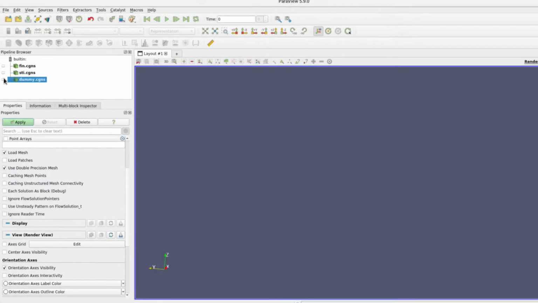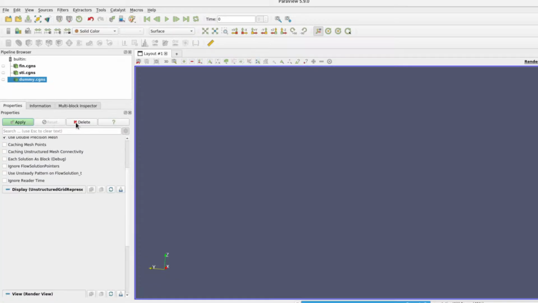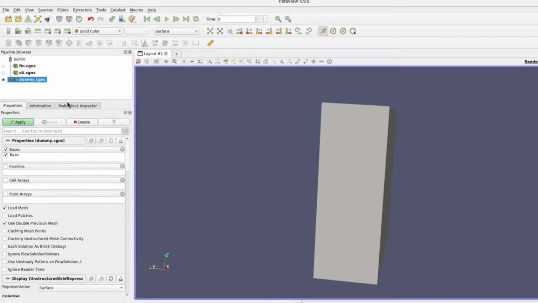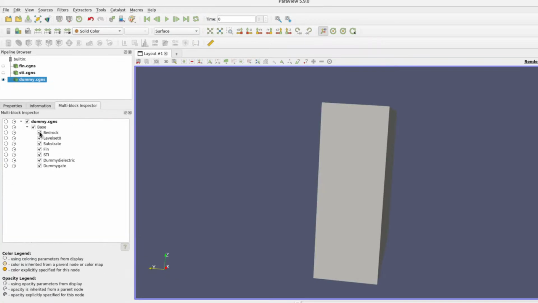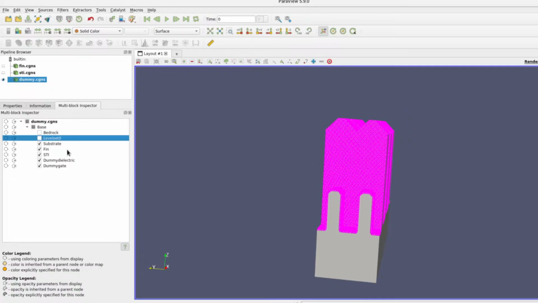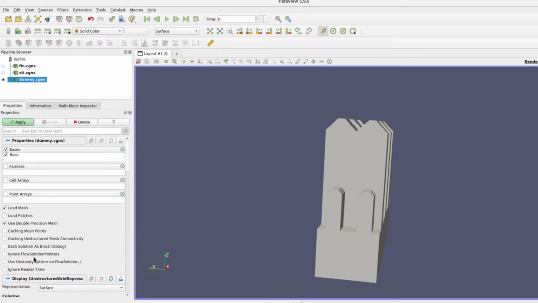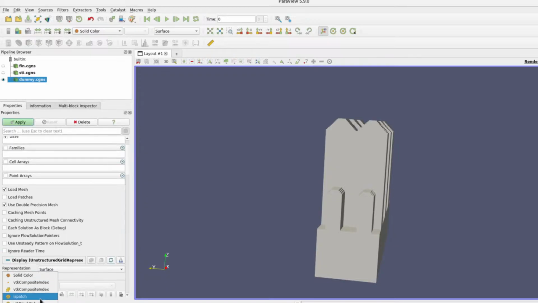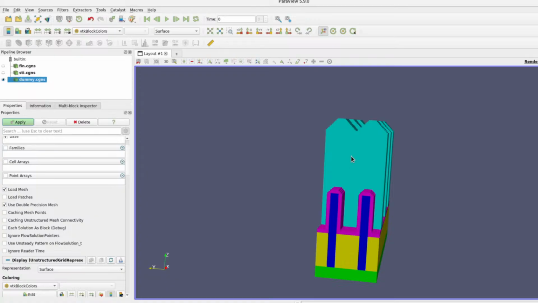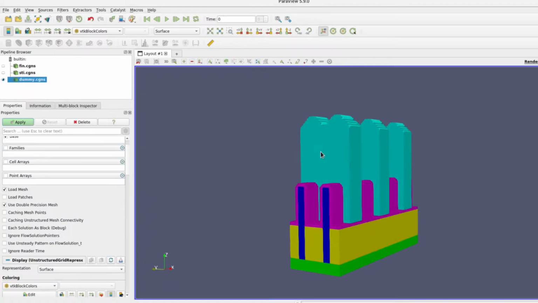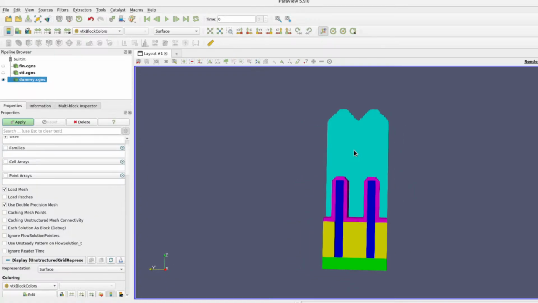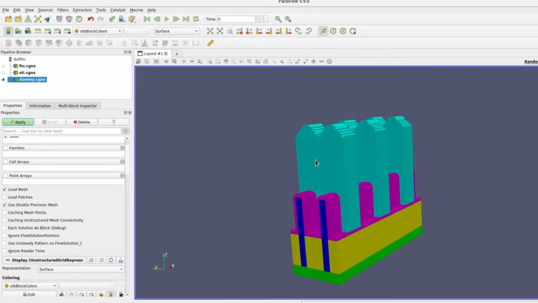Now this one is corresponding to the dummy gate.